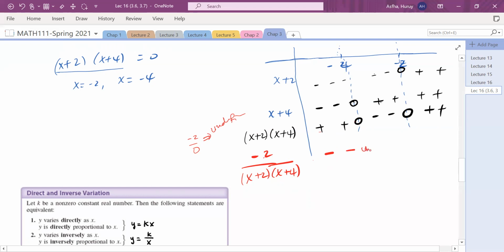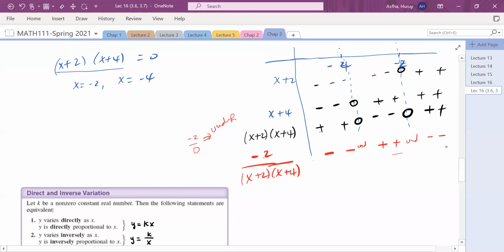This is undefined, or I will write undefined like this. At this point it is undefined. And here, this expression is negative. So negative divided by negative is positive. And here again, it's undefined. And here it will be negative because negative 2 divided by positive is negative. So this expression is positive only on this interval.